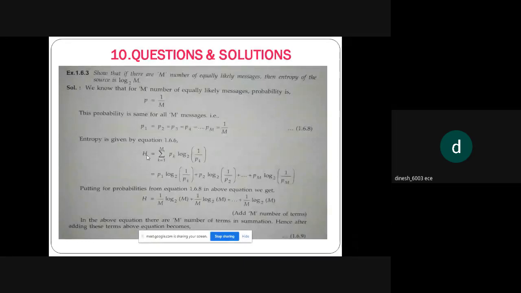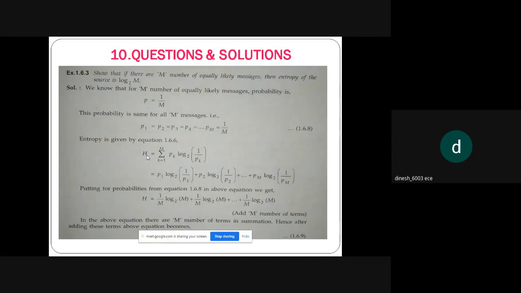Now simply substitute the probabilities: P1 is 1 by m, P2 is 1 by m, P3 is 1 by m, P4 is 1 by m, and even Pm is 1 by m.